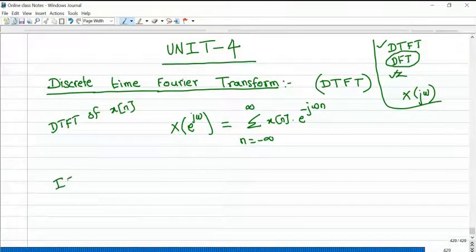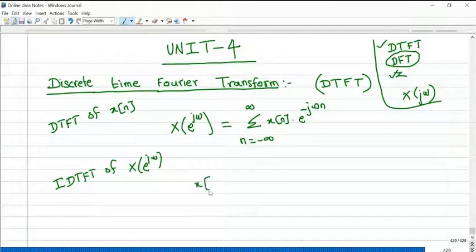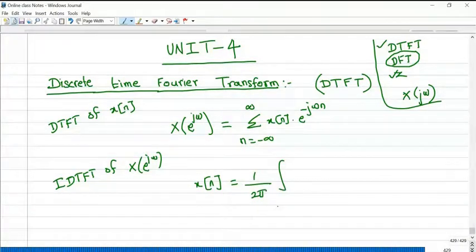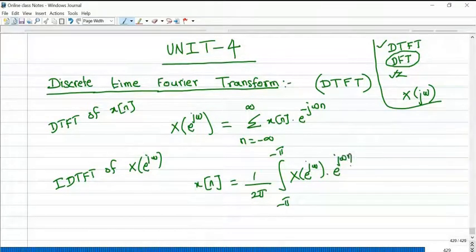Similarly, the inverse DTFT of X of e power j omega is x of n. x of n equals 1 divided by 2 pi integration, general formula, minus pi to pi. Depending on the signal, the integration limit will change. X of e power j omega, e power j omega n into d omega.